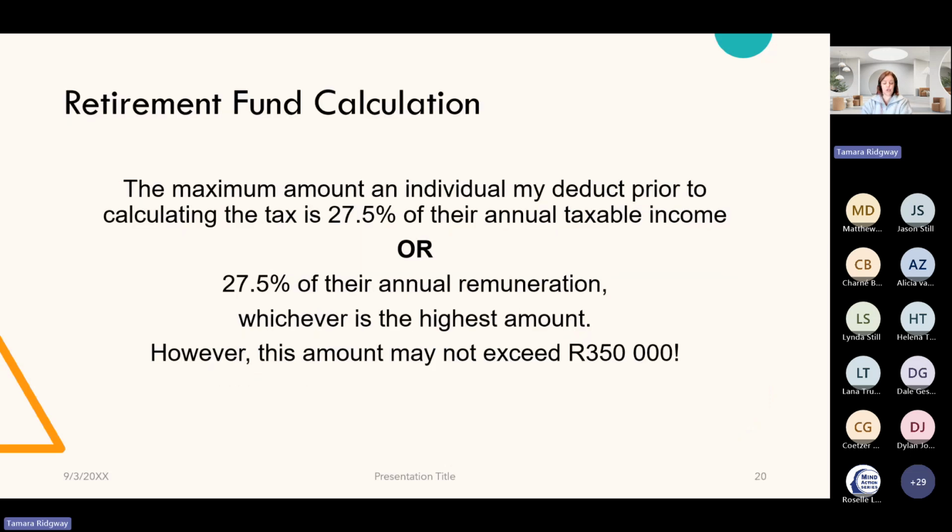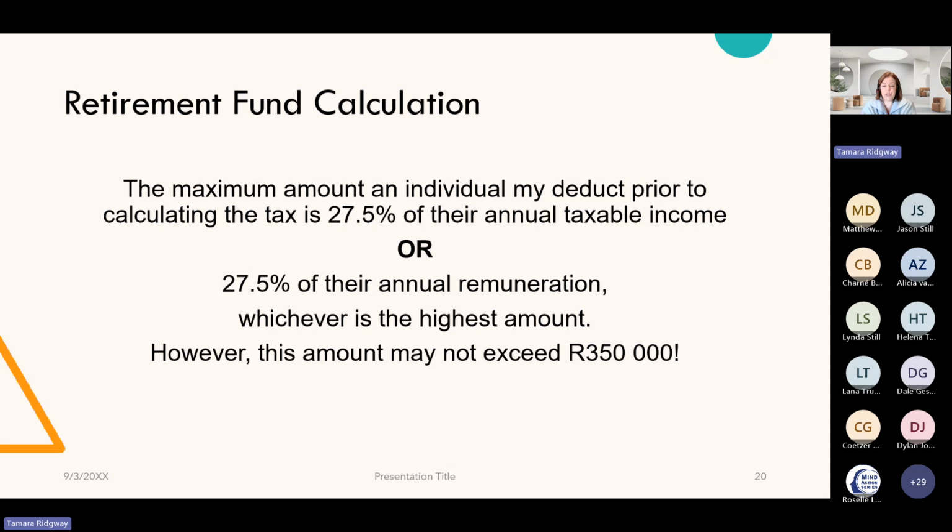When it comes to the retirement fund calculation, the maximum amount an individual may deduct prior to calculating the tax is 27.5% of their annual taxable income. By now they're very familiar with all these words.